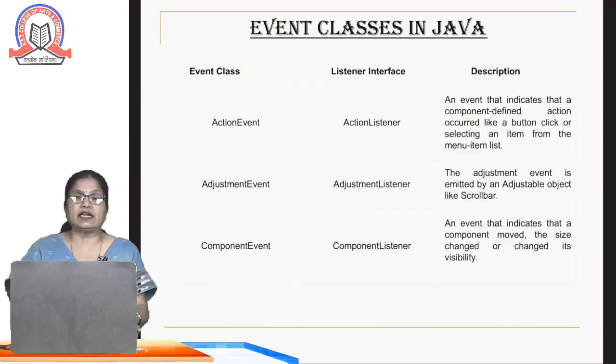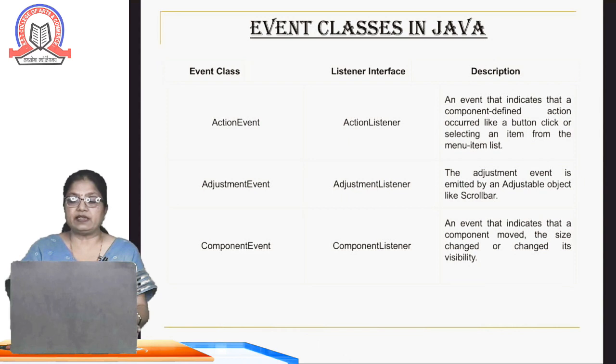Now we'll see the different event classes and their listeners. First is action event. For that, action listener is there. An event that indicates that a component defined action occurred, like a button click or selecting an item from the menu item list. For adjustment event, there is an adjustment listener.